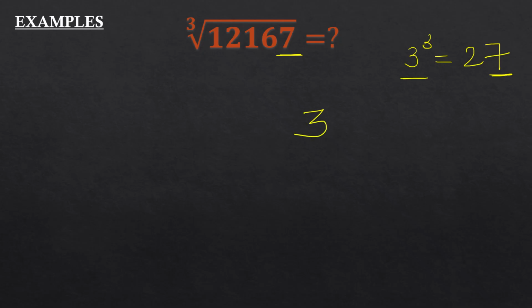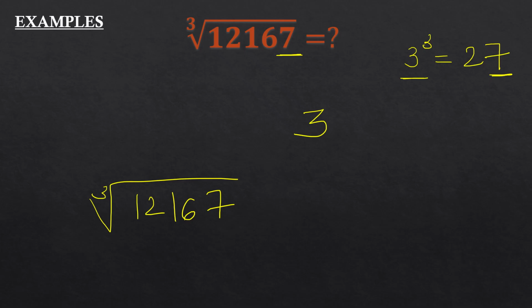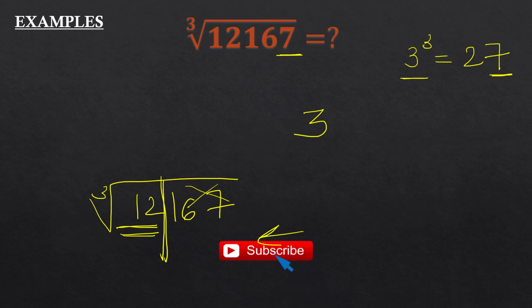Now how to find out the first digit? What I told you is you need to divide the number in such a way that 3 digits are left from the right side. Ignore these 3 digits, and just see the remaining number. So the cube root of 12 lies between which cubes?